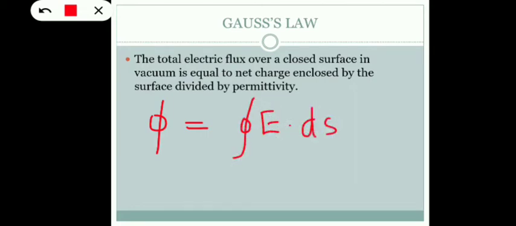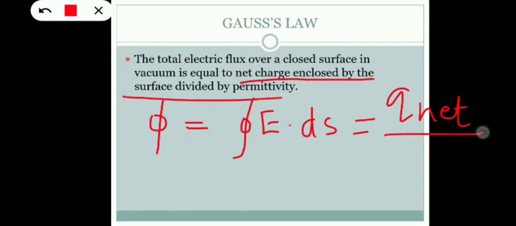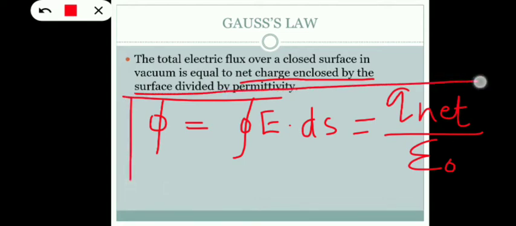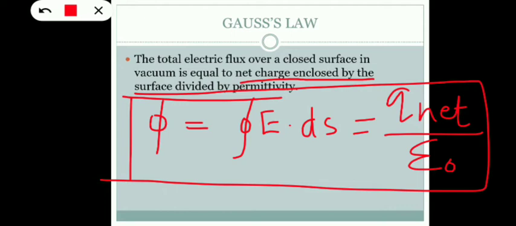So phi equal to closed integral E dot dS equals the net charge enclosed by the surface, that means Q net, or in some books you may see capital Q also, Q net divided by the permittivity of free space, because we are considering the closed surface in vacuum. So this is the mathematical expression for Gauss's law. Closed integral E dot dS equal to net charge enclosed by the surface divided by epsilon naught.